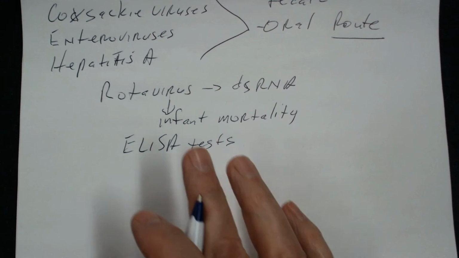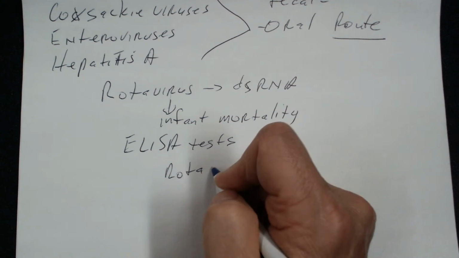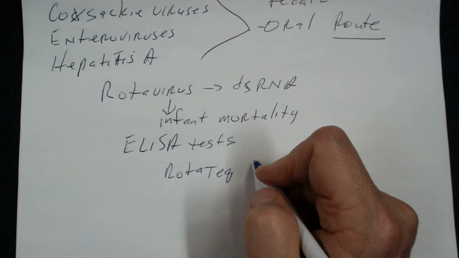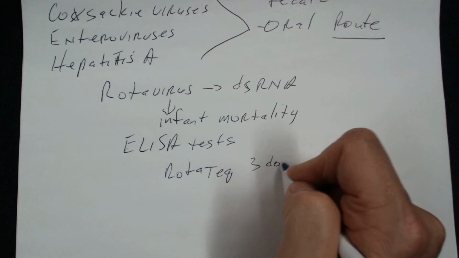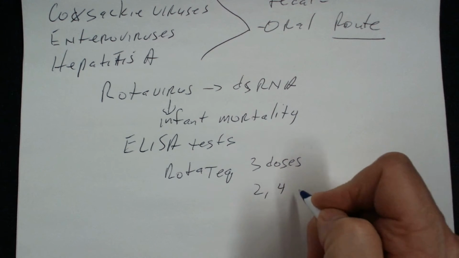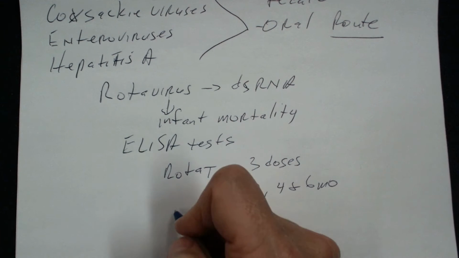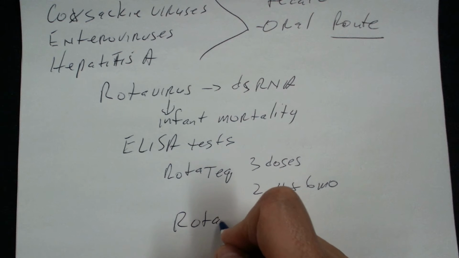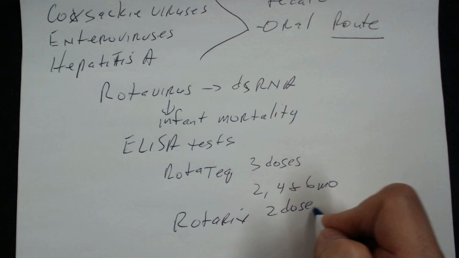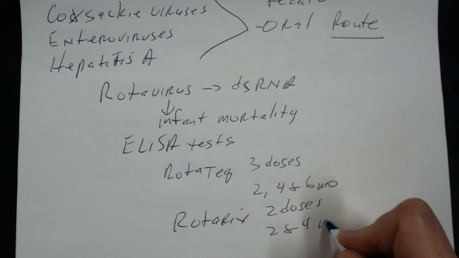There are two rotavirus vaccines that are licensed in the U.S. There's the RotaTeq. So this is 3 doses that you give. Oh, what is it? 2, 4, and 6 months. I believe I have that right. Then there's a Rotarix. That's given in 2 doses, at 2 and 4 months.